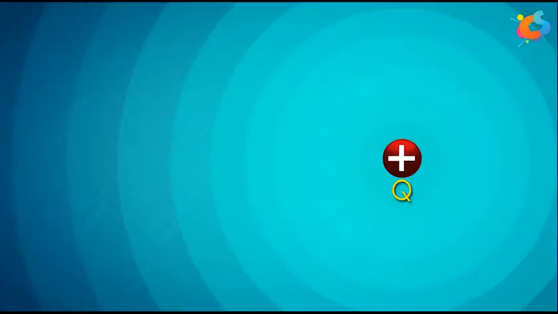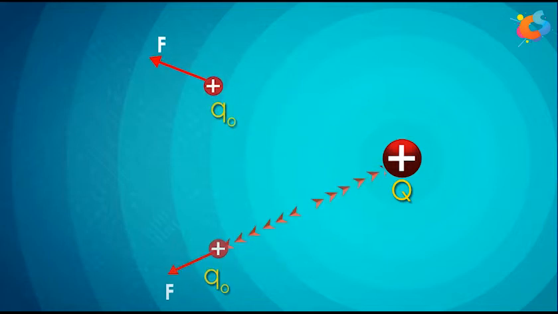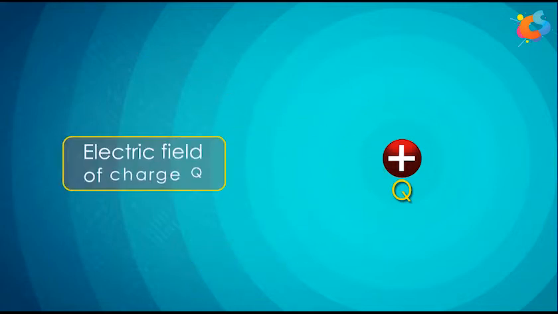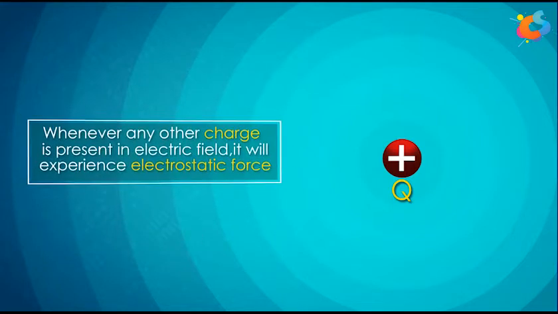When I brought the charge Q out here, it modified the space around itself, and the entire region where the test charge is going to experience a force is called the electric field of this charge Q. And whenever any other charge is present in this electric field, it is going to experience a force.